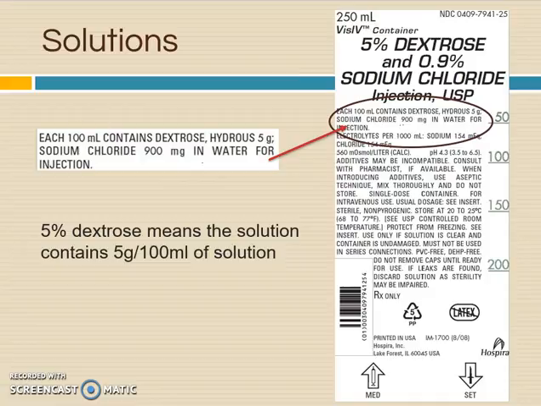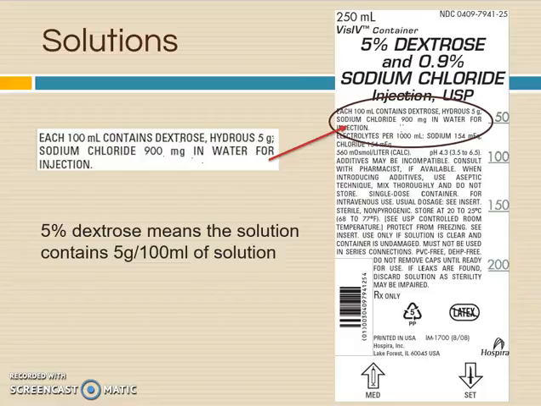So each 100 mils contains dextrose 5 grams, and sodium chloride 900 milligrams, which is the same as 0.9 grams. You can actually figure out how many calories this is by multiplying the 5 grams by 4.